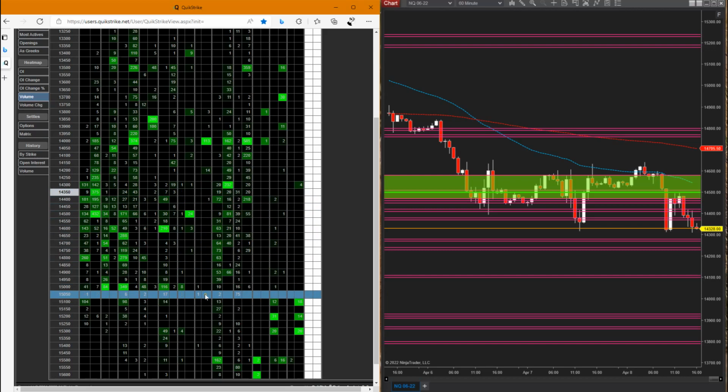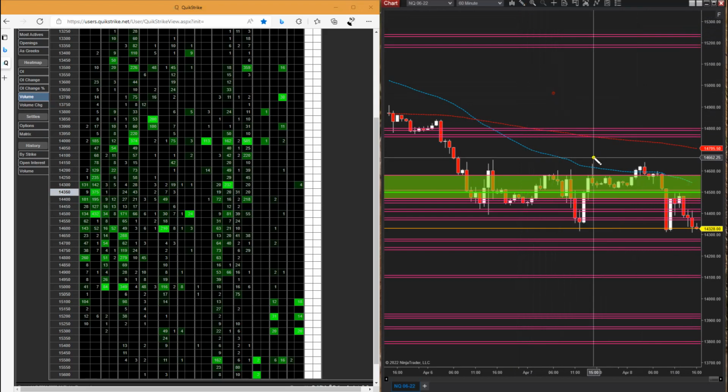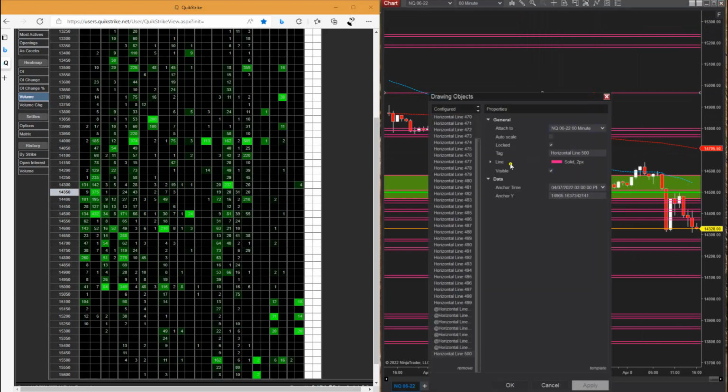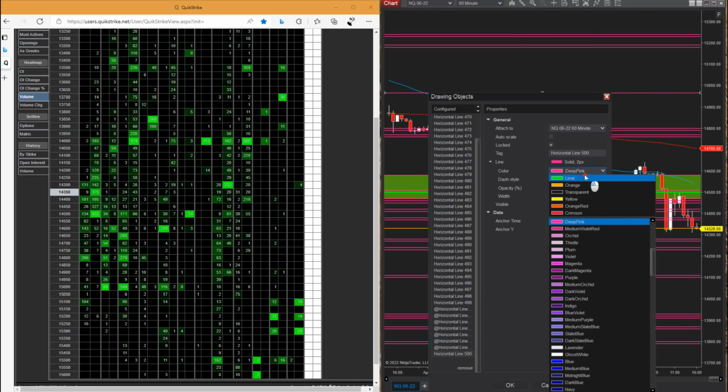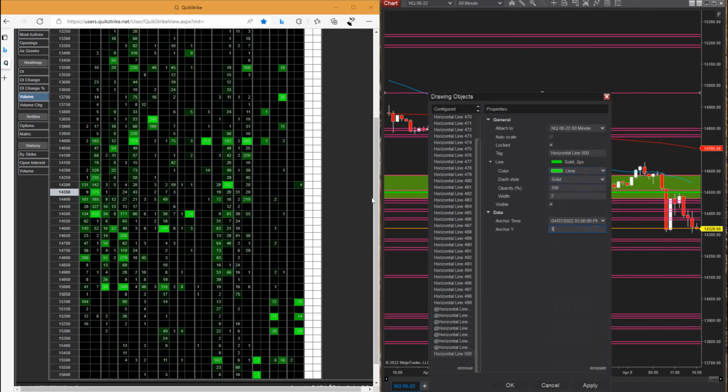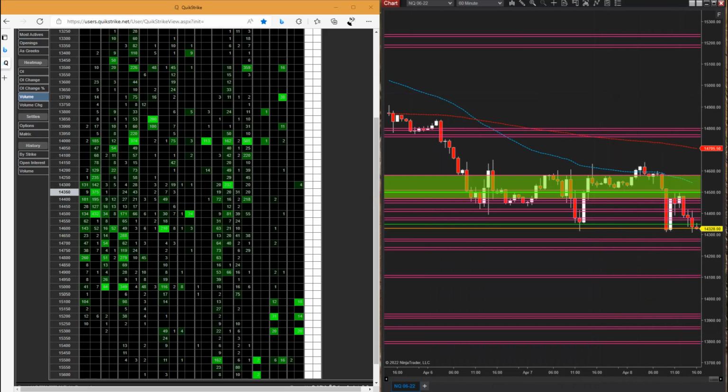Okay. So the only other thing is this 14,350. There's a big 375 sitting there. 14,350. So I might want to just put a green line there too. Because there's some puts, and that's this 585 at 14,000, but that's a big even number.